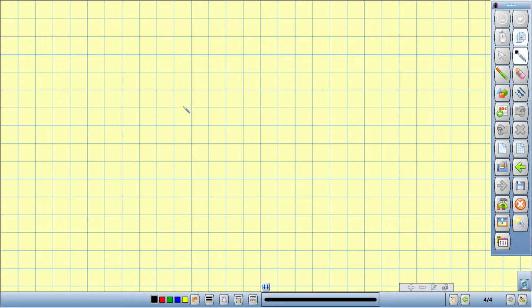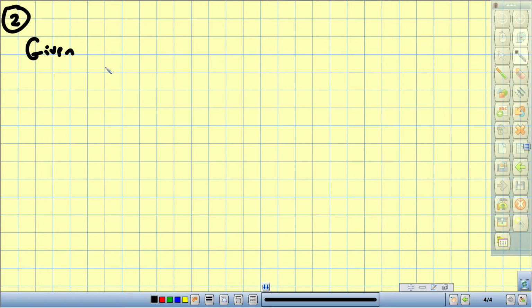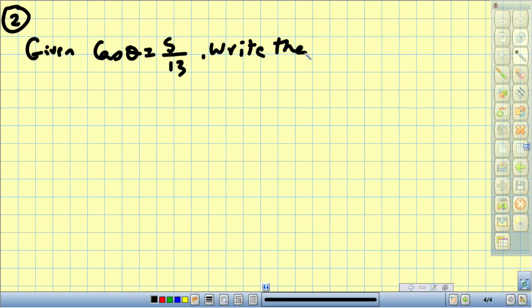Here we go. This question goes like this. By the way, this is example 2. Given cosine of theta equals 5/13, write the other 5 trigonometric ratios.